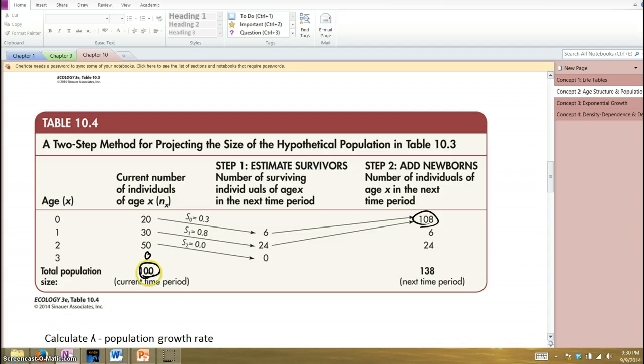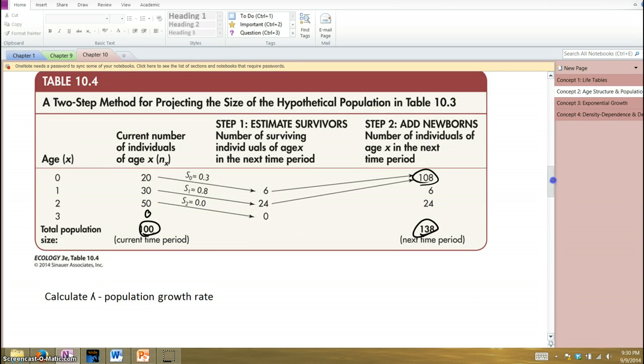So from this year, with 100 individuals, to the next time period, the 6 and 24 that are surviving, plus the 108 offspring they have, gives us a population size of 138. So you can see the population has grown from essentially time 0 to time 1.